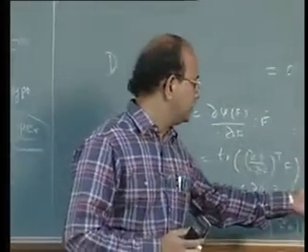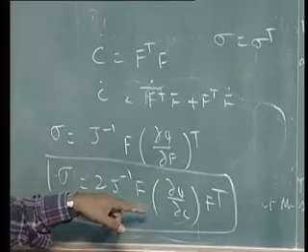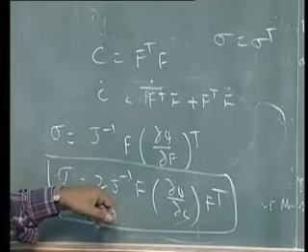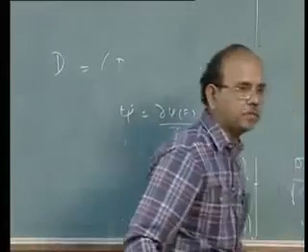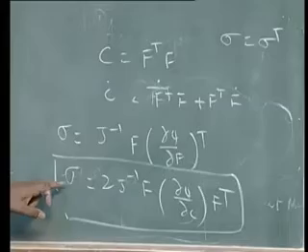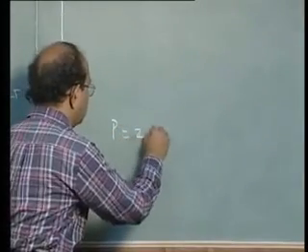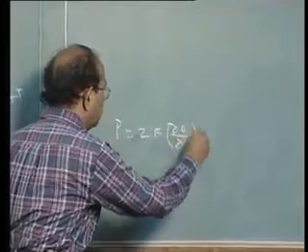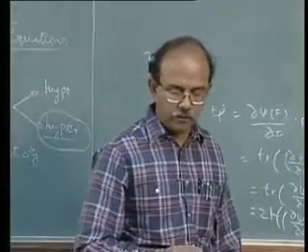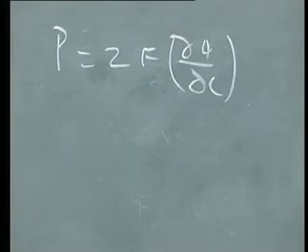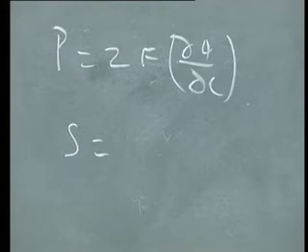these quantities. By the way, what is P, from here? If psi is expressed in terms of C, then what is P? 2F dou psi by dou C. Now, what is the relationship between S and P?